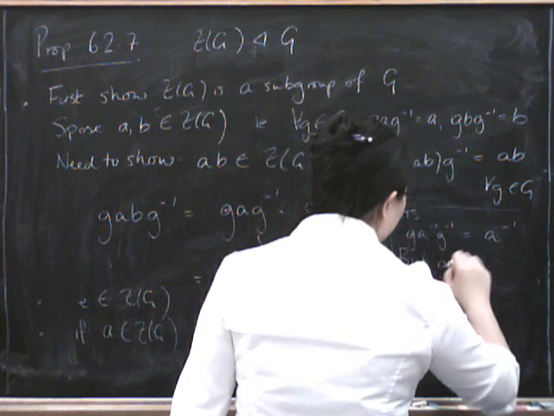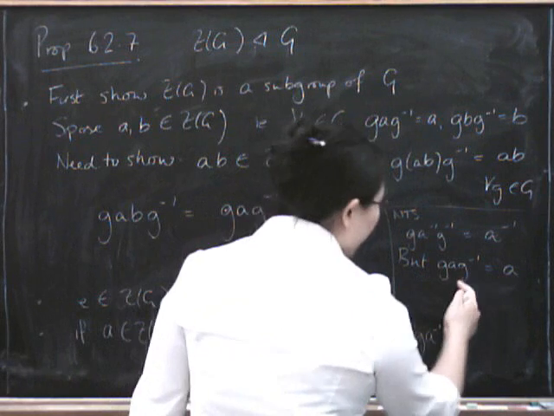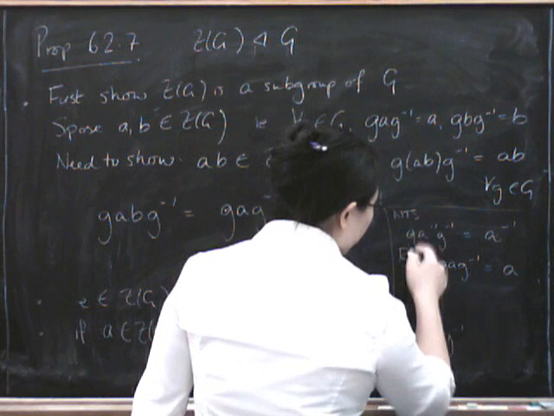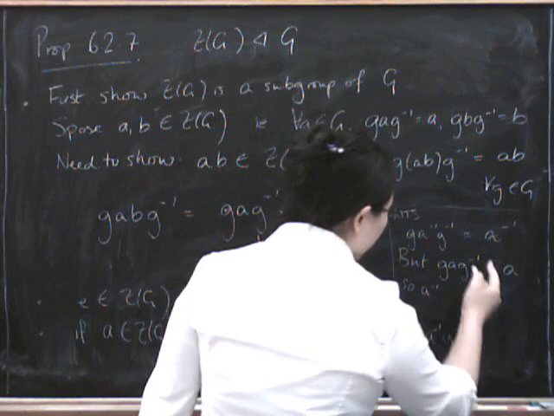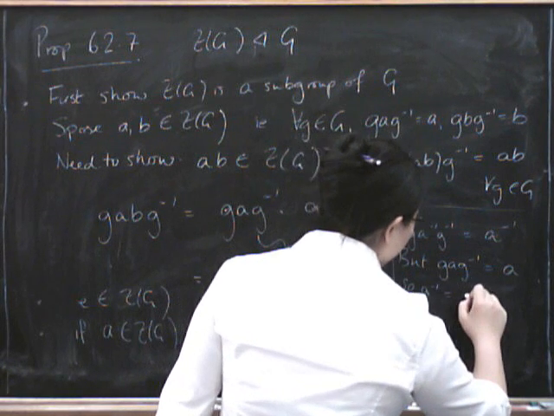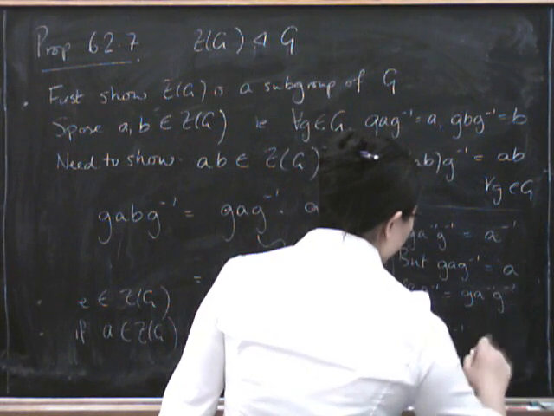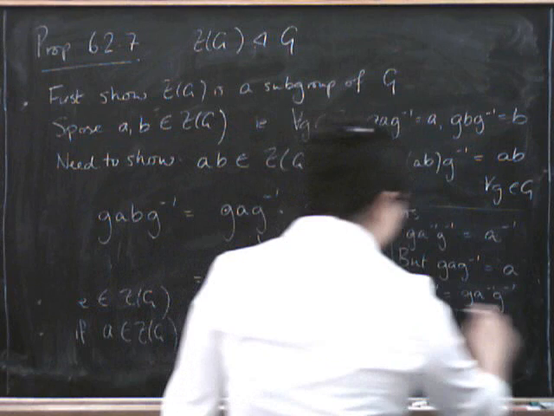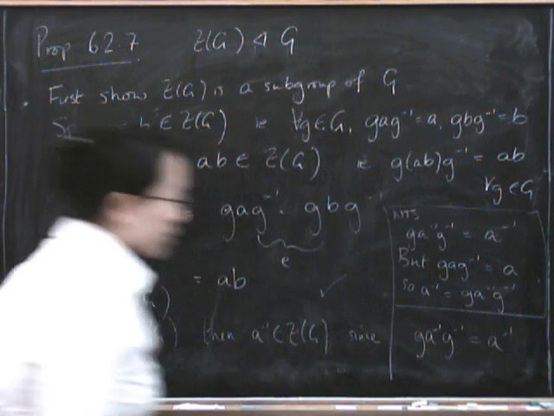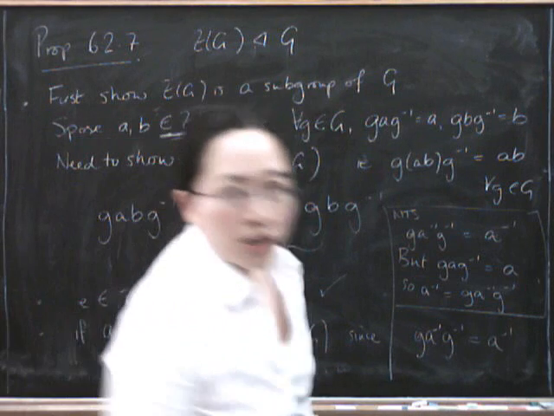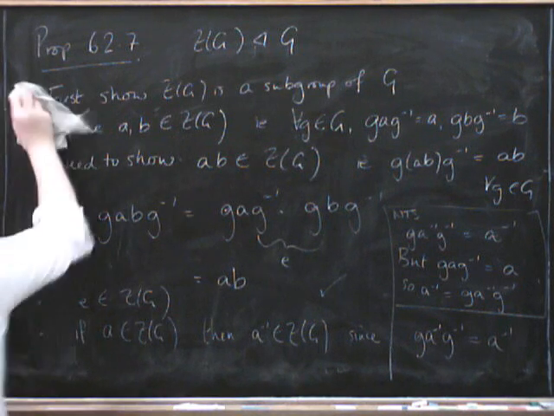Because gag^-1 equals a, so if we take the inverse of that, we just invert this and write it backwards, which is g a^-1 g^-1. So that really is true, so a inverse is in the center. Phew! Right, so it's a subgroup, now we need to show that it's normal.